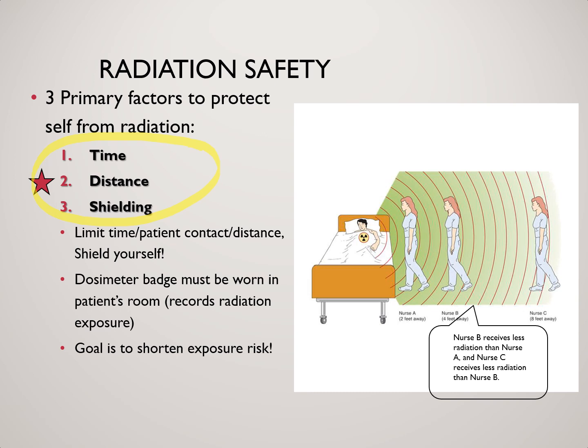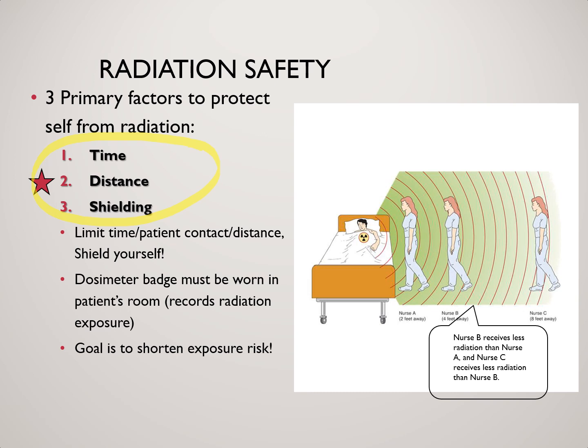You have to work efficiently when caring for patients who are receiving radioisotopes. Those radioisotopes are the internal radiation implants. Those release gamma rays, which are radioactive. Your exposure to radiation is proportionate to the time spent and the distance from the radiation source.